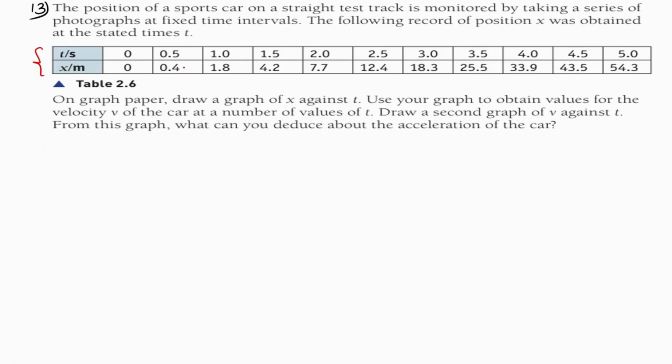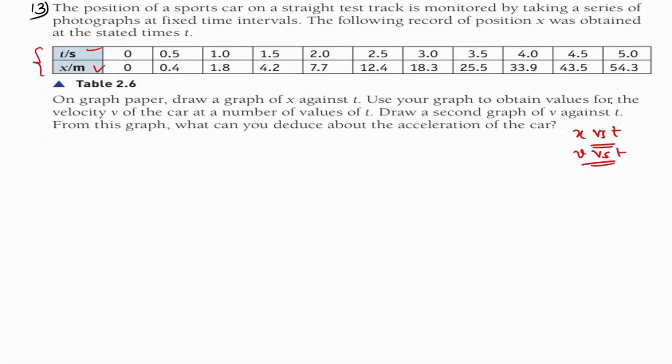At 0.5 second we have 0.4 meter. So this is the table of time and position of the car. Now we have to draw on graph paper the plots of x versus t and velocity versus time.